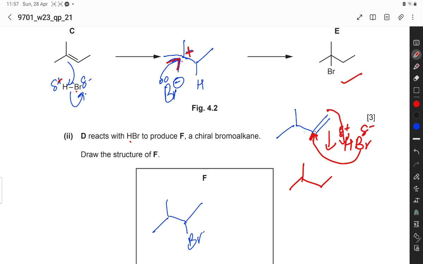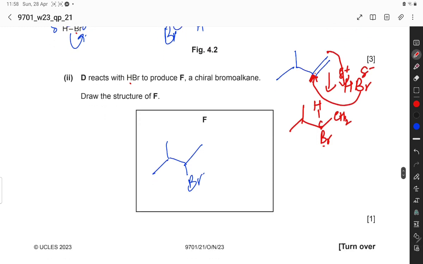So that's why the highly electronegative bromine is attached over here. So this is CBrH, and this is CH2, this is CH2, and this carbon is attached to four different groups: hydrogen, bromine, CH2 and this whole group. So it forms a chiral carbon.